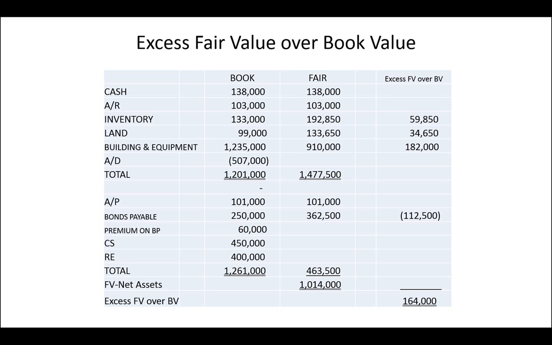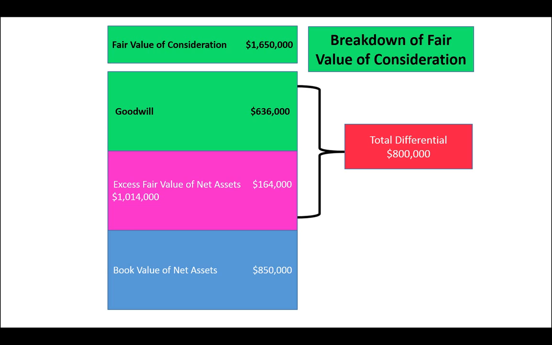As you can see, the difference for the inventory is $59,850. For the land, building and equipment, you'll notice that the difference for building and equipment is going to be the $1,235,000 minus 507, the accumulated depreciation, as compared to the 910, which is the fair value. Again, the total differential is $800,000, and from this, we're going to have to maintain a differential schedule because we're going to have to do something with this goodwill and these excess amounts.